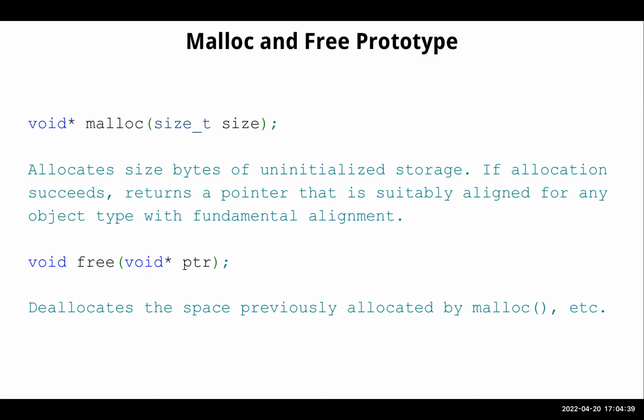The first one is malloc. Malloc takes a size as input and returns a pointer. This function basically allocates the number of bytes you ask for, and that memory will be uninitialized. And you can ask for the size at runtime.